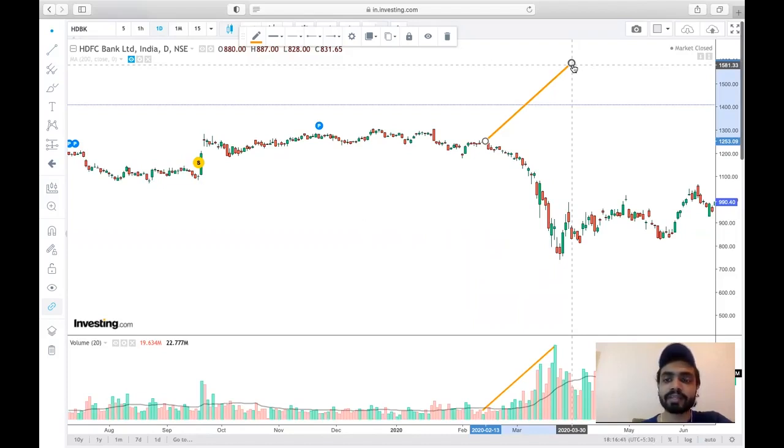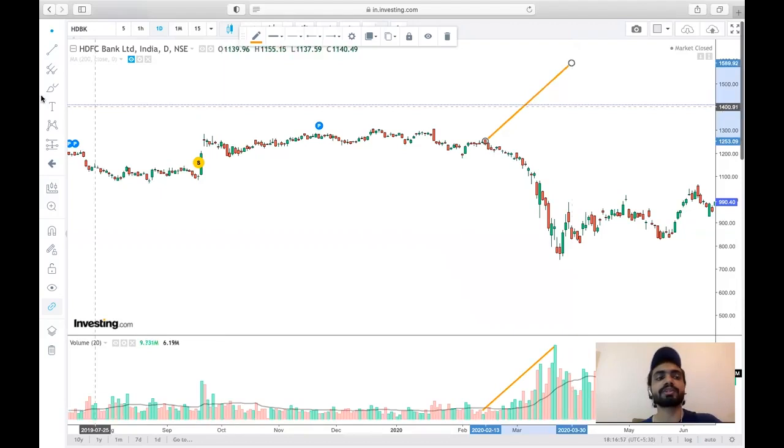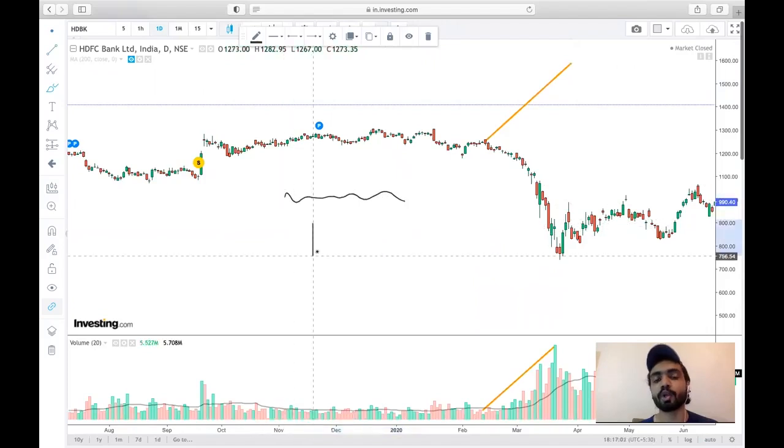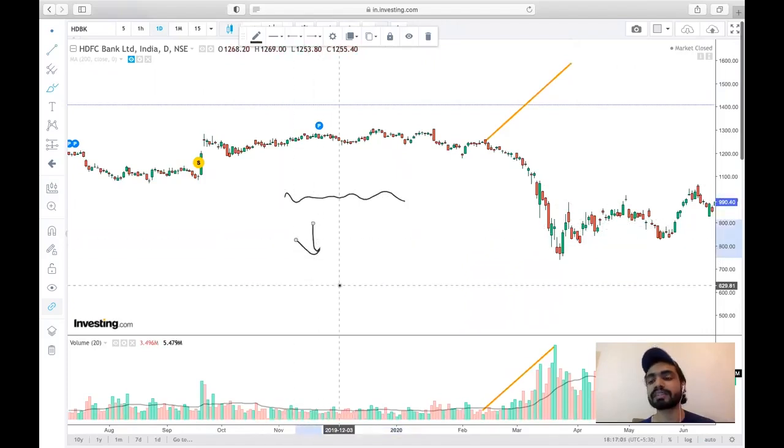For a given trend in the market, volume should always be high, except for a case of consolidation. In case of a consolidation, the volumes will be low. Consolidation means a sideways market. All right, in a sideways market, the volumes will be low. Otherwise, in your bullish as well as the bearish trend, the volumes should be high.